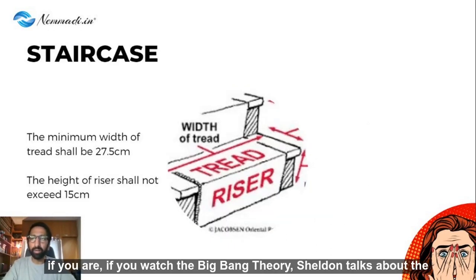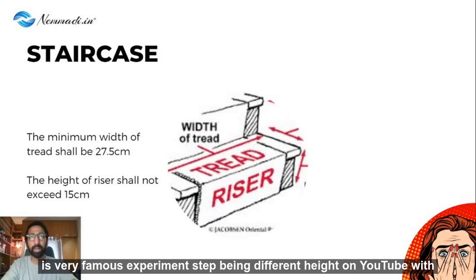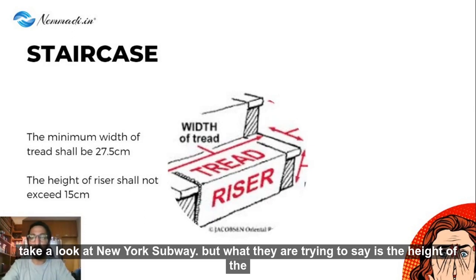If you watch the Big Bang Theory, Sheldon talks about the steps and how even if it is off by 2 or 3 millimeters, somebody would trip, right? There's a very famous experiment of a step being of a different height on YouTube, which you can take a look at. It's in a New York subway.